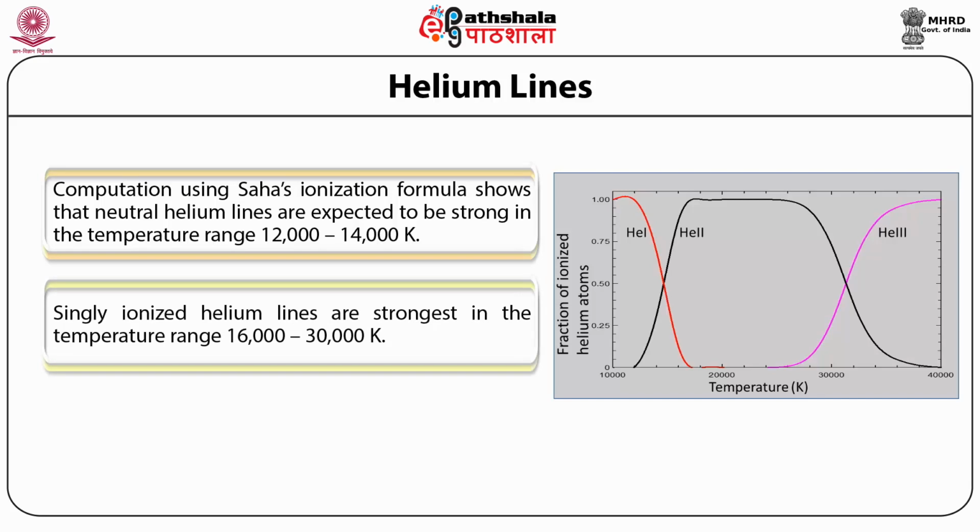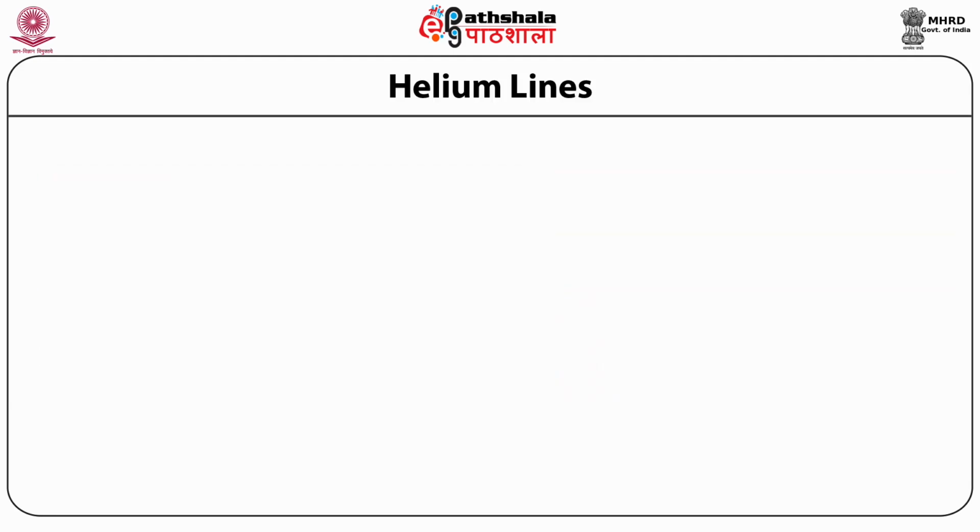Singly ionized helium lines are strongest in the temperature range 16,000 to 30,000 Kelvin. The figure given here shows the occurrence of helium-1, helium-2, helium-3 as a function of temperature.